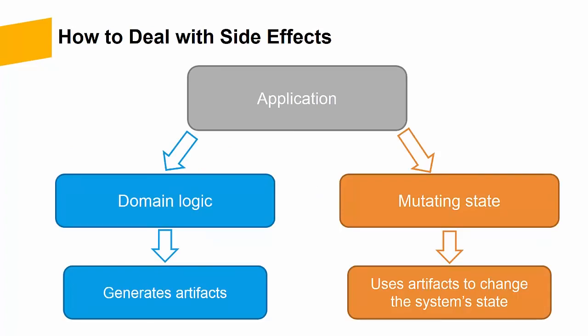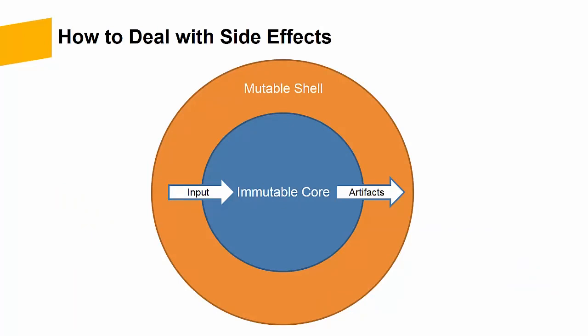Right, the second way to deal with side effects is to separate your code into complex domain logic and logic that mutates state. Here's another way to represent this idea. What we have here is an immutable core and a mutable shell.